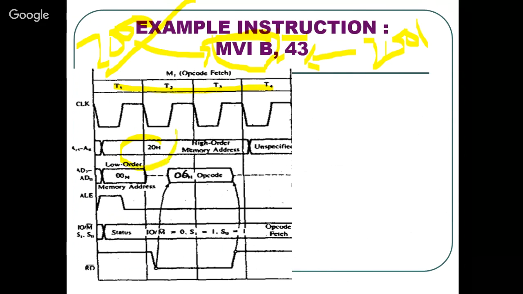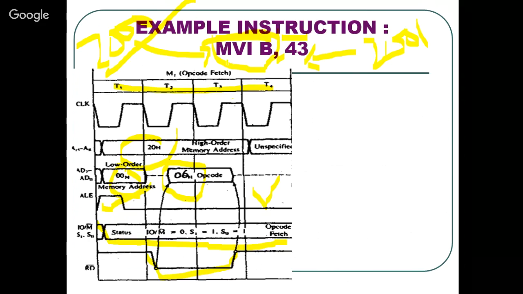Higher order 20 remains for the 3 time states. ALE goes high for the first, and 00 will be available on the lower order line for the first time state. Read bar goes low for the second and third. The IOM bar line goes low for the entire machine cycle. The opcode 06 is available on this bus for the second and third, and T4 will decode the instruction.